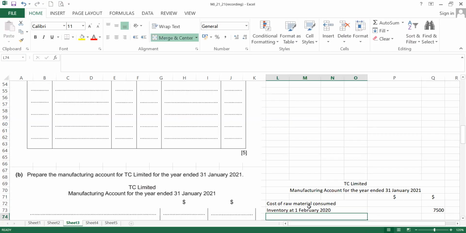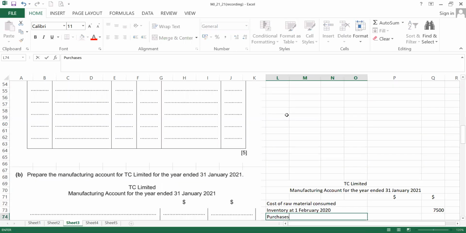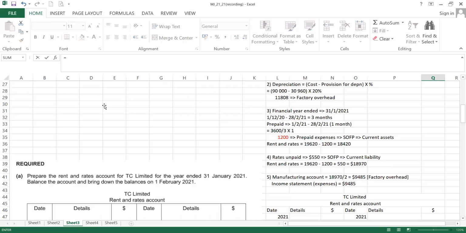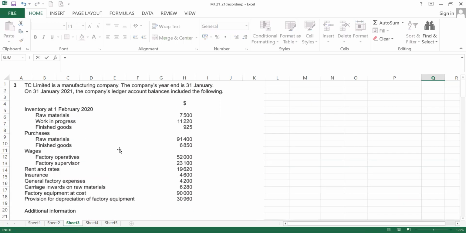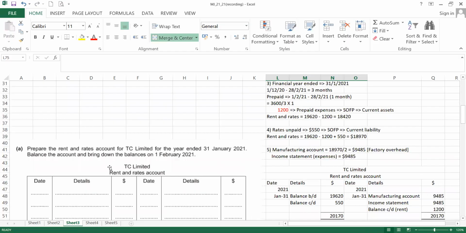Okay, and then purchase of raw material. So this one is 91400.